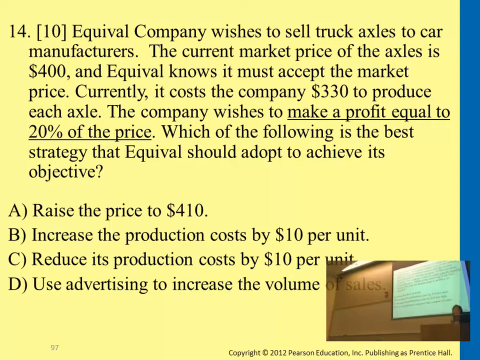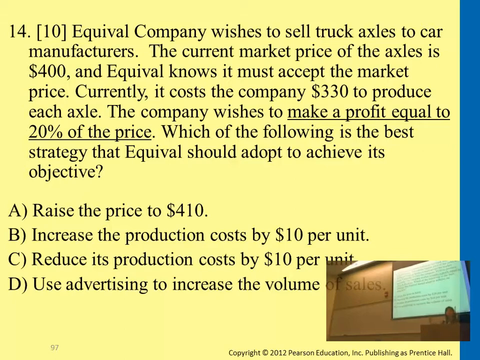So first of all, what is the profit they want to get? And how do we calculate this? 20% of the price, and we know the price is $400, so that would be $80 is the profit that they want to get.